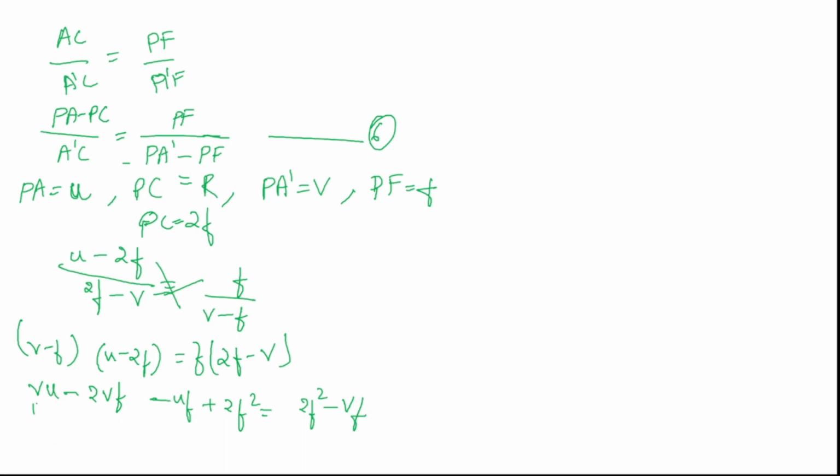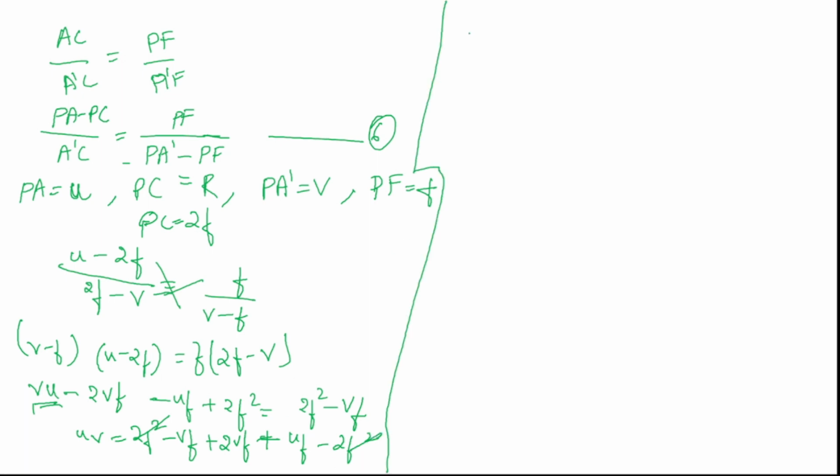So let us keep this UV on this side and take all the things to the other side. What will you get? UV equal to 2F square minus VF plus 2VF plus UF minus 2F square. So 2F square gets cancelled and you will get UV equal to VF plus UF. So let this be the seventh equation.